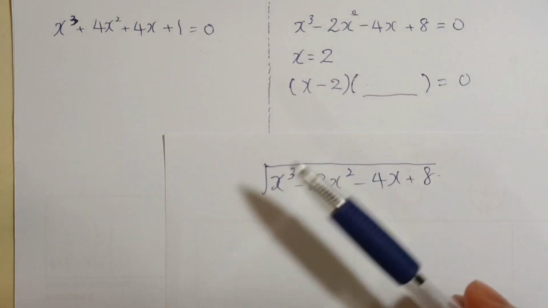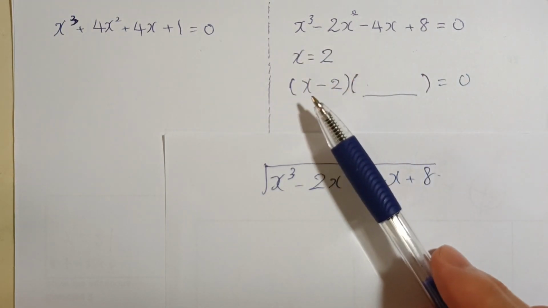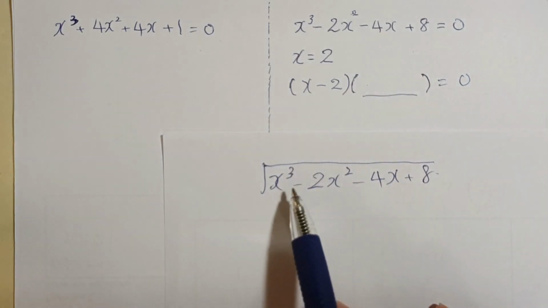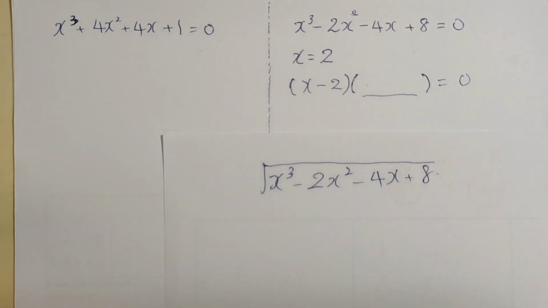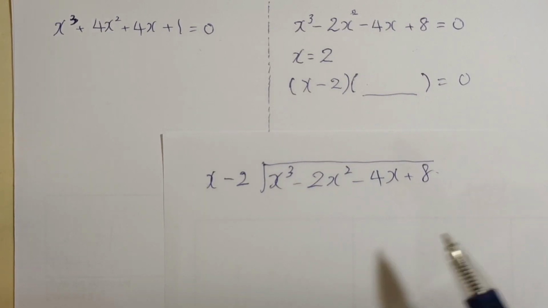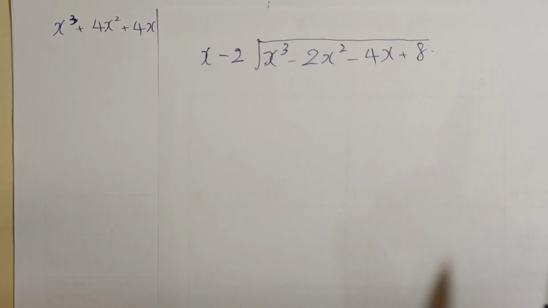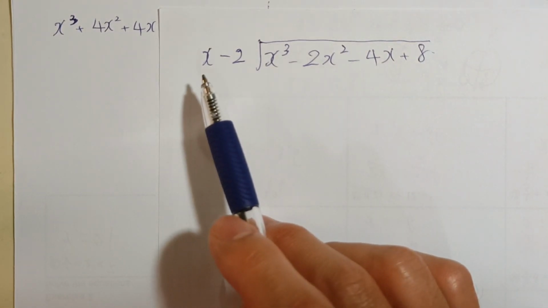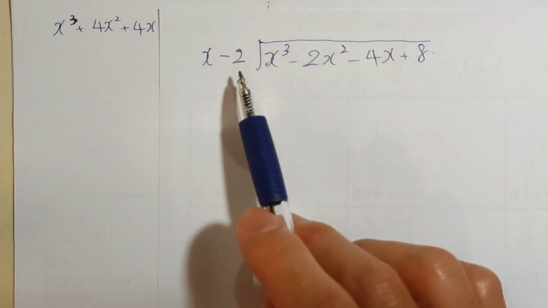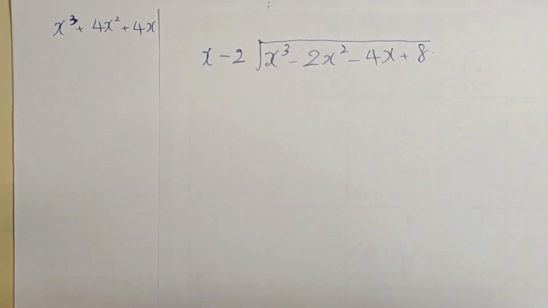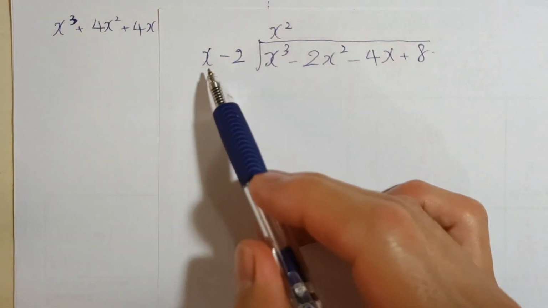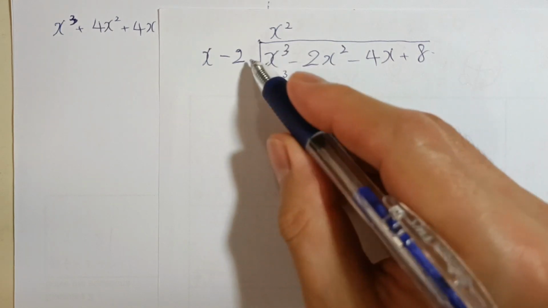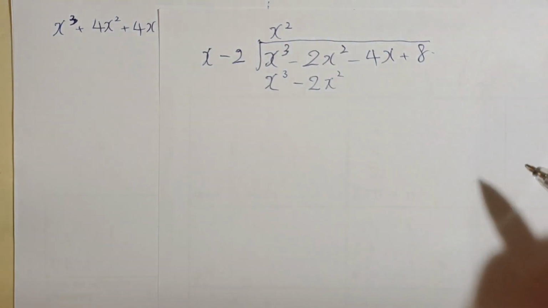We are trying to factorize this expression by x minus 2, which means we are doing this divided by this. Basically, we are doing the same as ordinary long division. If I do x minus 2 times x squared, that means x times x squared is x to the power of 3, minus 2x to the power of 2, isn't it?